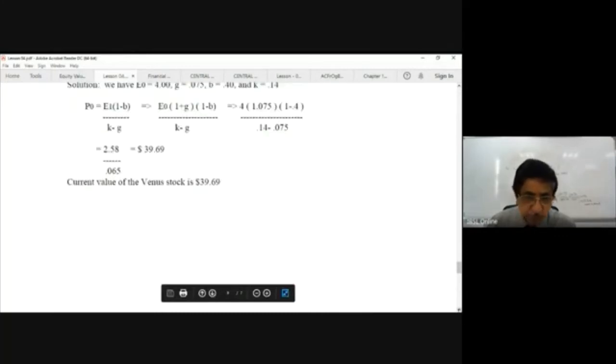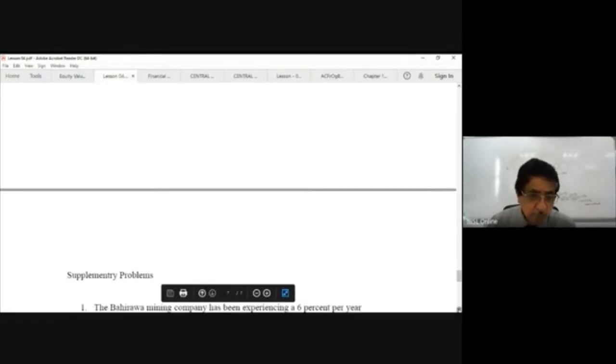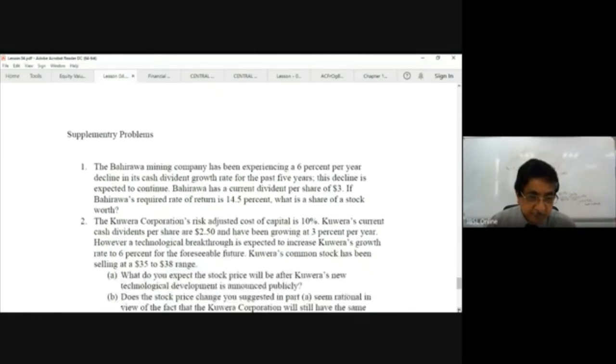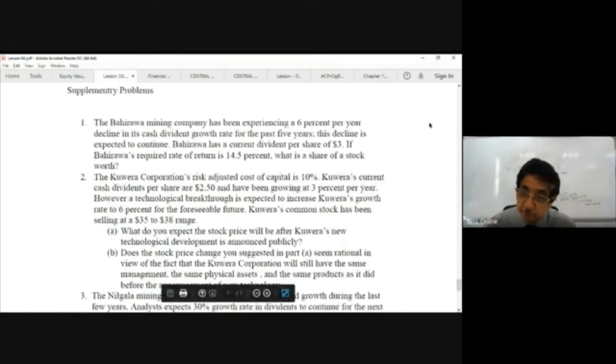We'll see now. The second question also we can look at. The Quaker Corporation's risk-adjusted cost of capital is 10%. Quaker's current cash dividends per share 250 and have been growing at 3% per year.